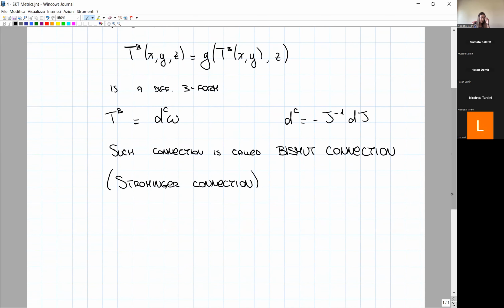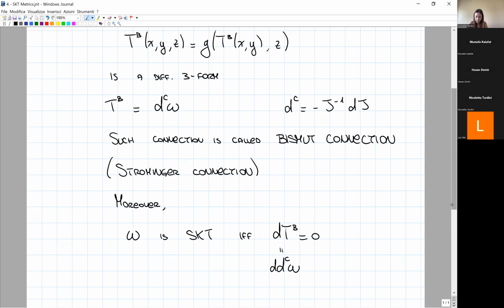Moreover, we said that a metric omega is SKT if and only if, by definition, the torsion of the Bismut connection is closed, because the torsion is d^c of omega, and this is exactly saying that dd^c of omega is 0. So this was the definition of strong Kähler with torsion metric.